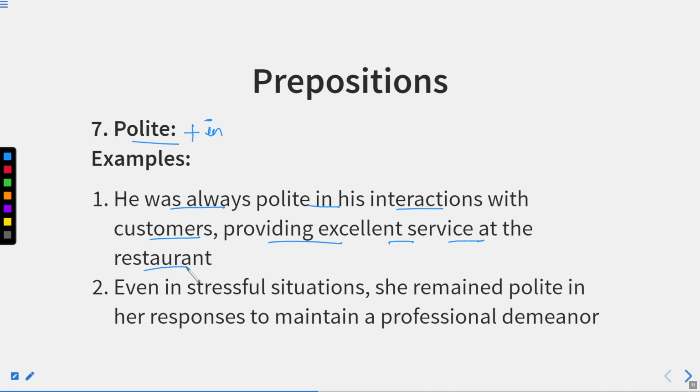It means he was always polite in, when someone talks in a kind manner. So he was kind in doing that particular thing. Even in stressful situations, she remained polite. Here it is behaving like an adjective. Polite means kind, in her responses to maintain a professional demeanor.